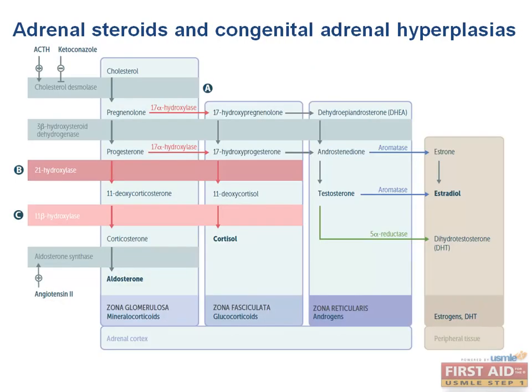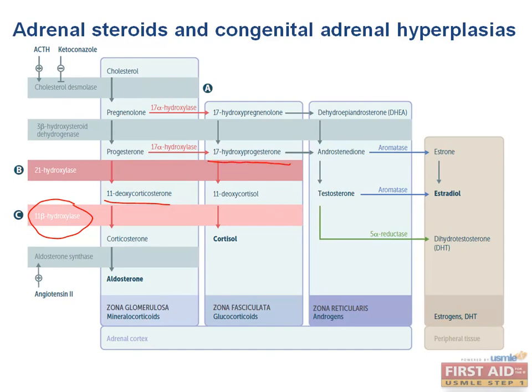Next, I'm going to point out a few key molecules to remember. If you're presented with a patient who has increased levels of 11-deoxycorticosterone, you should be thinking 11-beta-hydroxylase deficiency. The other important molecule to remember, and often is measured, is 17-hydroxyprogesterone.